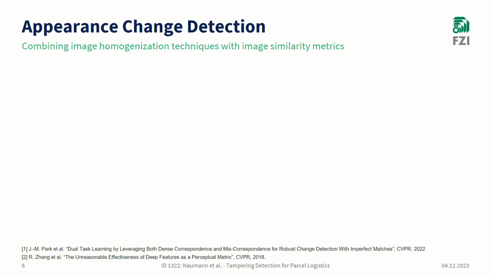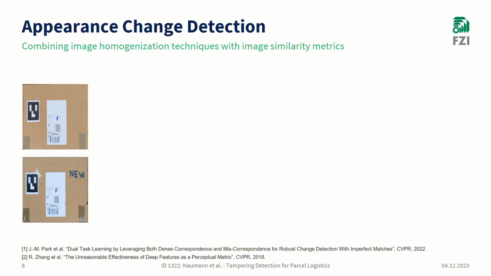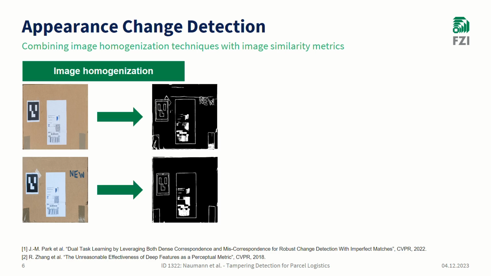Now, using results from the prior keypoint detection step, we can generate viewpoint invariant parcel side surface representations that serve as an input for our appearance change detection pipeline. First, we apply image homogenization approaches to both the reference and the considered parcel texture. 6 different approaches are considered, and the visualization shows a deep learning-based edge detection.